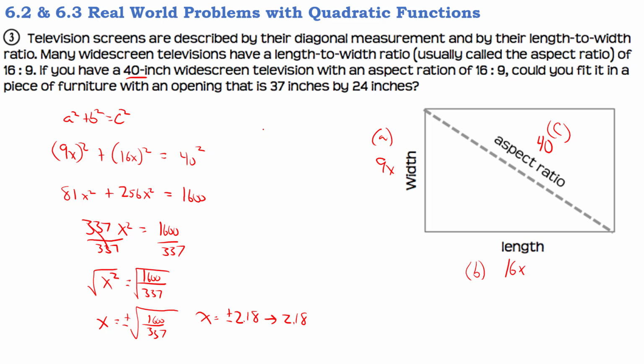So let's find our length. Let's take 16 times 2.18, and that's going to give us 34.88 inches. And then if we take 9 times 2.18, that's going to give us 19.62 inches.